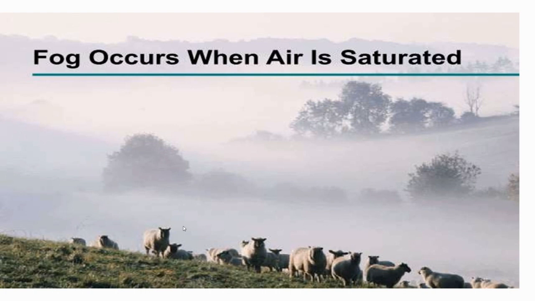So here one picture is shown, which is fog. When fog occurs, it's actually saturated air. When the enthalpy and temperature are reduced beyond the saturation line, this process occurs.